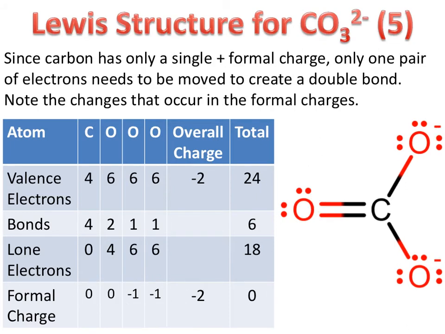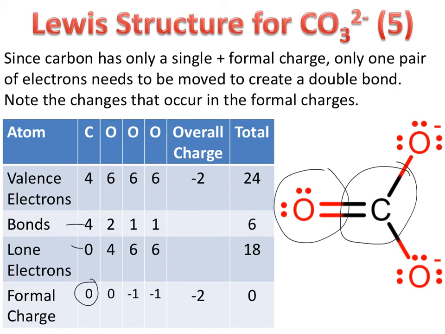Next, we need to reduce the formal charges, and what I've done is I've moved the lone pair of electrons from the oxygen on the left and placed it to make a double bond with the carbon. And what this has done for the formal charges is the following. Carbon now has 4 bonds, no lone pairs, formal charge is 0.